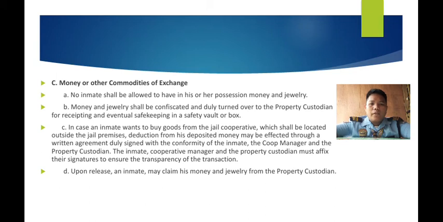The inmate, cooperative manager, and the property custodian must affix their signatures to ensure the transparency of the transaction. D. Upon release, an inmate may claim his money and jewelry from the property custodian. This is the proper way to conduct rules and regulations inside the administration of the jail.